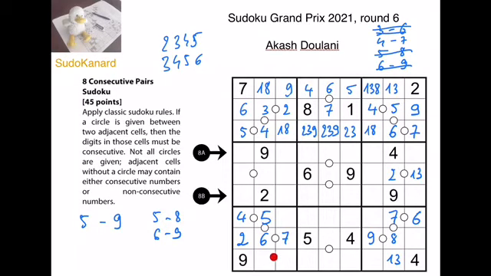This digit here is not there. It has to be here. And the remaining digits are 1, 3, and 8. So 1 or 8 here, 1, 3 or 8 there. And we get another 1, 3, 8 triple here. Those digits must be 1 and 3.